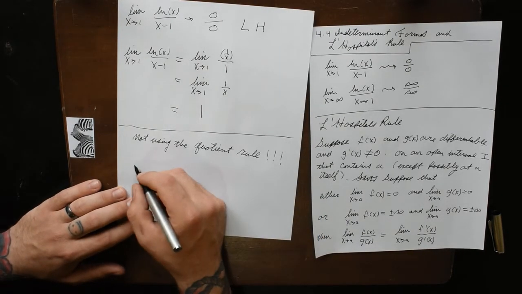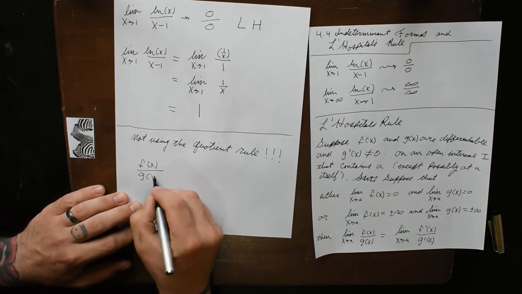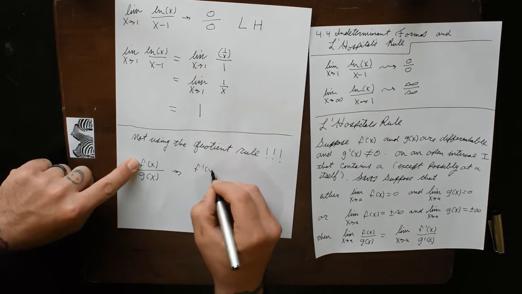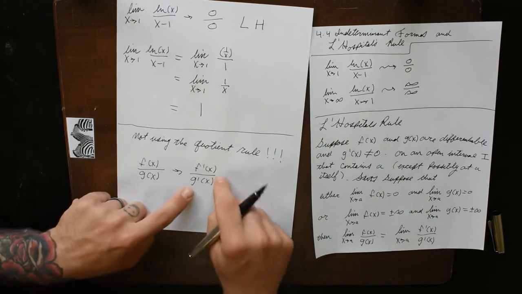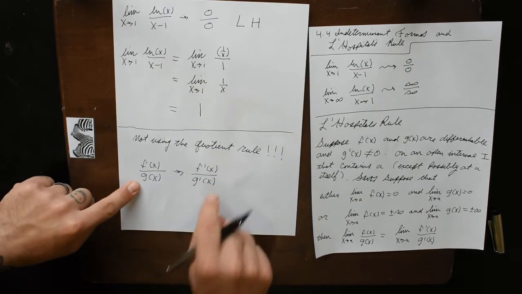What we're doing is we're taking two functions, f of x divided by g of x, and we are just taking the derivative of the numerator and the derivative of the denominator. No quotient rule, just straight derivative of the numerator and straight derivative of the denominator.